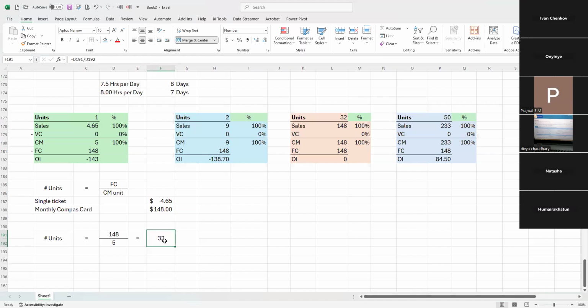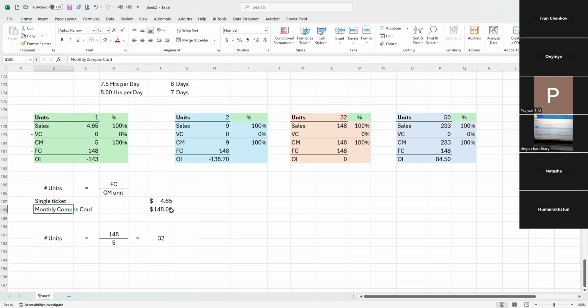No, because you're paying a monthly pass. It's a fixed price. Even though you're traveling or not, you have to pay. Right. Make sense? That's the key here.